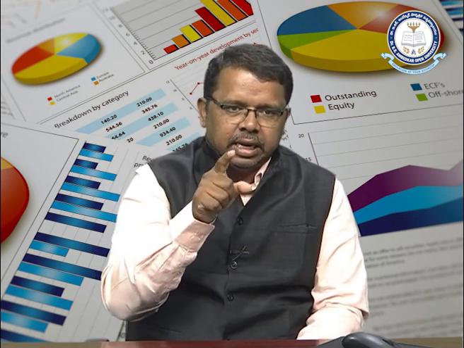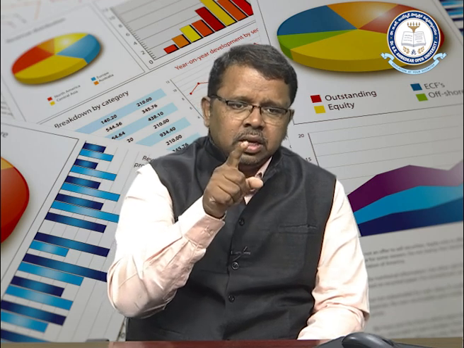For the students who happen to miss it, let me give you a brief of what elastic demand is. Elastic demand is quite responsive to change in the price. Elastic demand is where elasticity is greater than 1. Unit elastic is where elasticity is equal to 1.